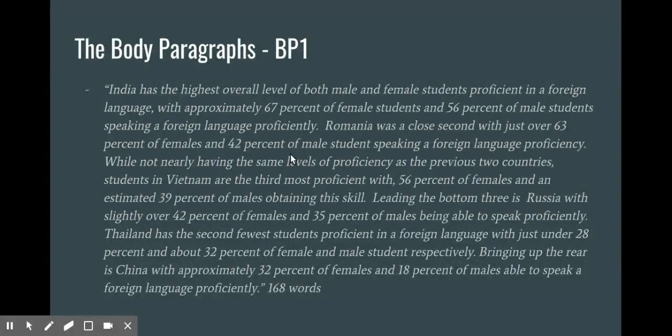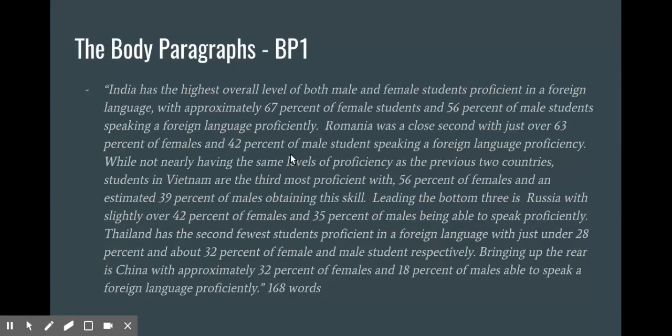It's long. So India has the highest overall level of both male and female students proficient in a foreign language, with approximately 67% of female students and 56% of male students speaking a foreign language proficiently.